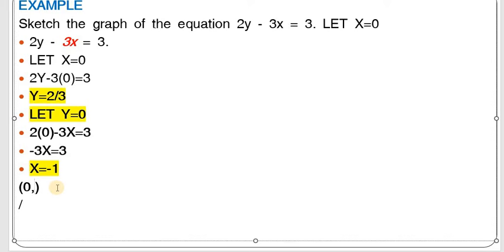So this one is, let's say, point A. Point A ከሆነ so what will be our point B? Let y be 0, x አችን ስንት ይሆናል ነው basically. So x አችን minus 1 ኮማ y አችን 0 ይሆናል ማለት ነው.